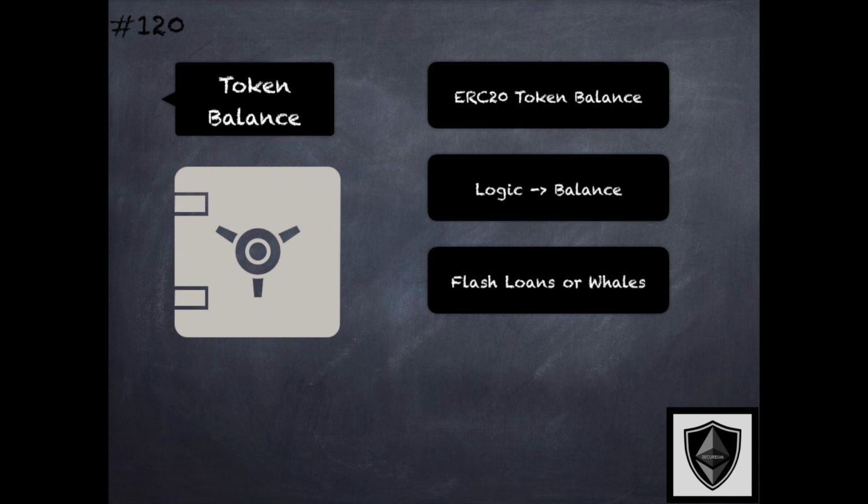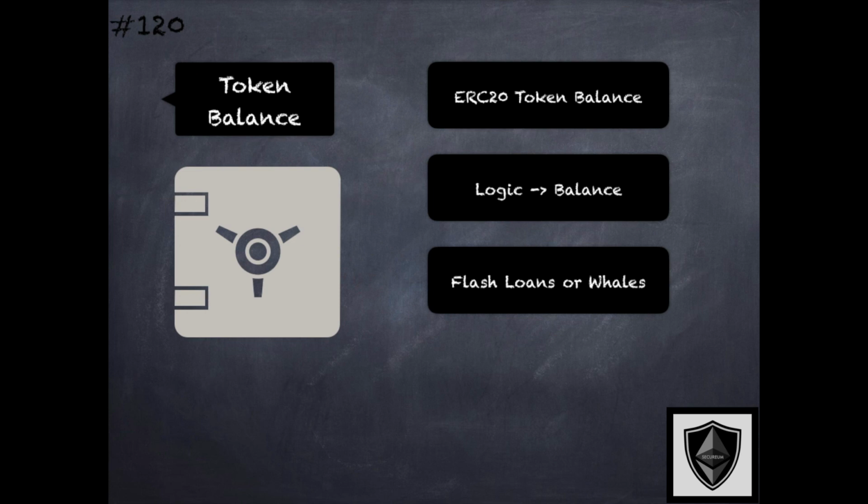A flash loan is a capability where a user is allowed to borrow a significant number of tokens without providing any collateral, but this loan has to be repaid or is forced to be repaid within the transaction itself. So by the end of the transaction, the flash loan capability makes sure that the tokens that were lent to the user are paid back to that contract. But within the context of the transaction, the user has access to a significant number of tokens as provided by that flash loan contract.